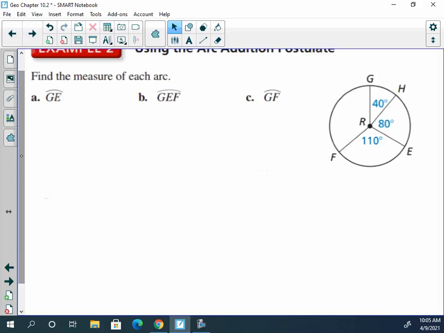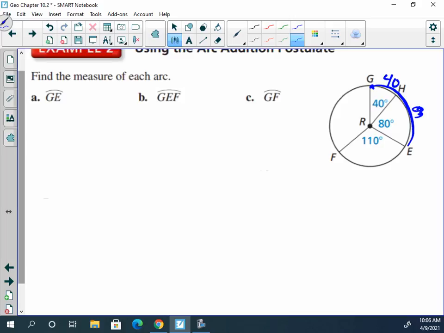So if I look at this here, if I want to find GE, we only use 2 letters, so we're finding the shortest distance from G to E. Somebody going from here to? Right. So we have those 2 arcs. Now we have 2 central angles. So GH is going to be 40.